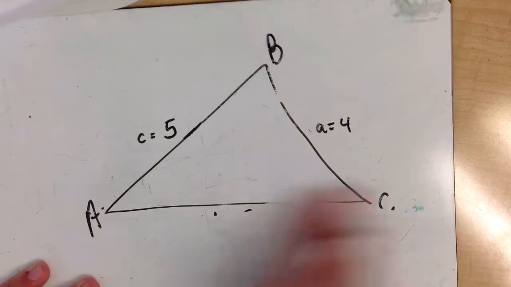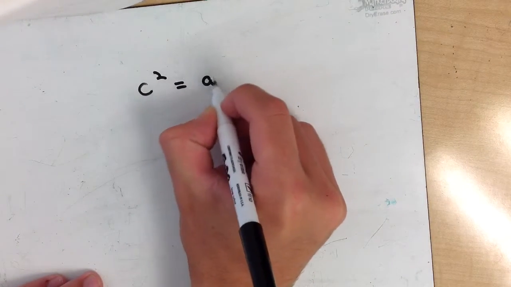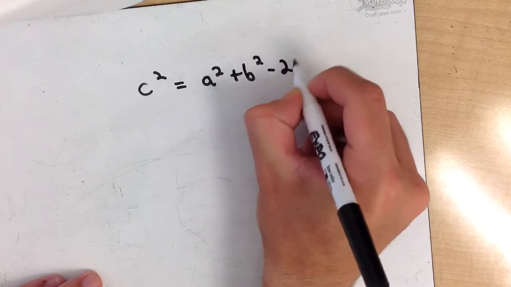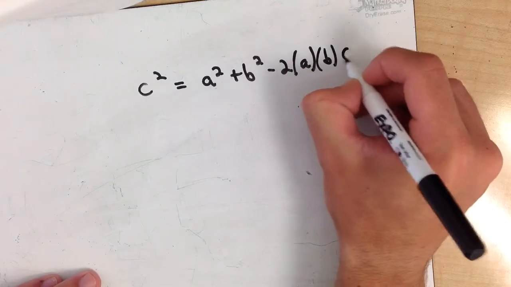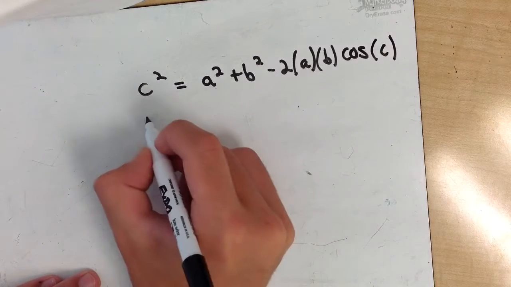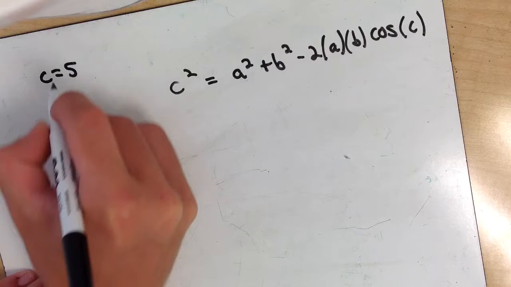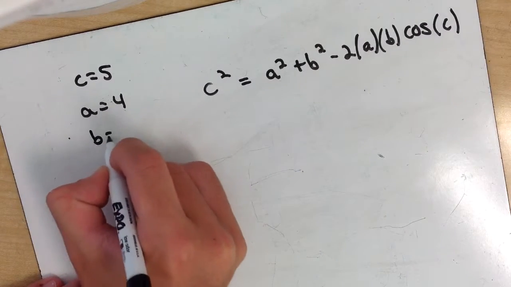I'm just going to erase this for a little more room. As we plug them in, we know that C equals 5, A equals 4, and B equals 3.